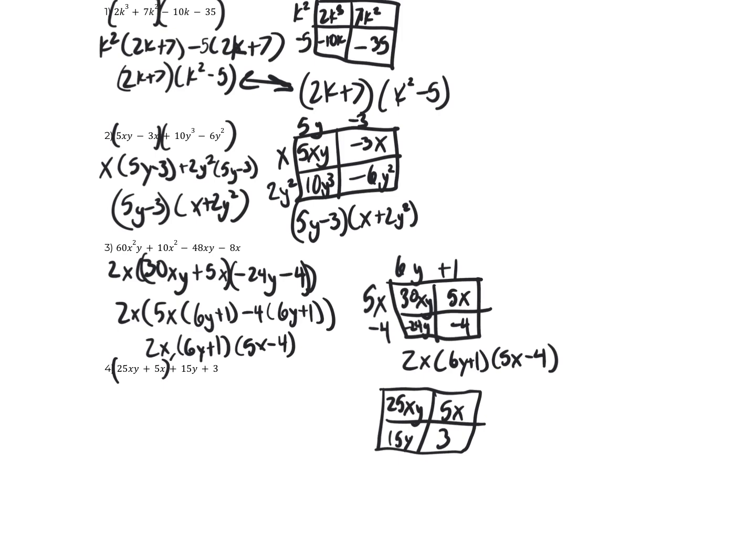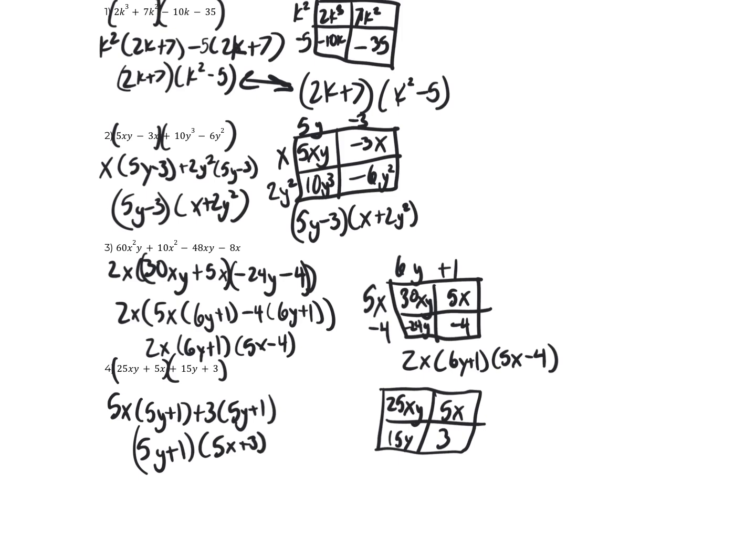Grouping those, I'll group the first two and then the last two together. All right, I can pull out a 5x, and that leaves me with a 5y plus 1. And the second group, I can pull out a 3, and that leaves behind a 5y plus 1. So 5y plus 1 is my common factor, and 5x plus 3 is what's left over.